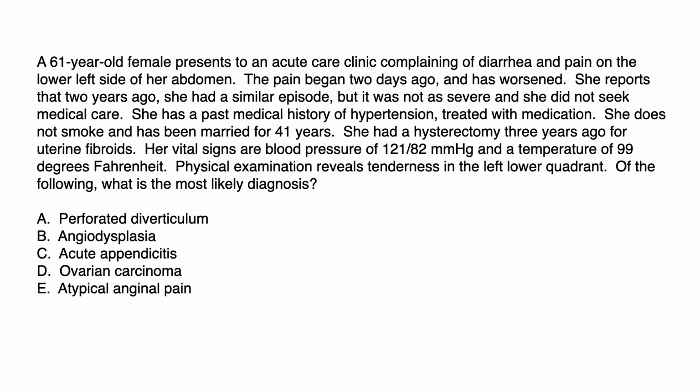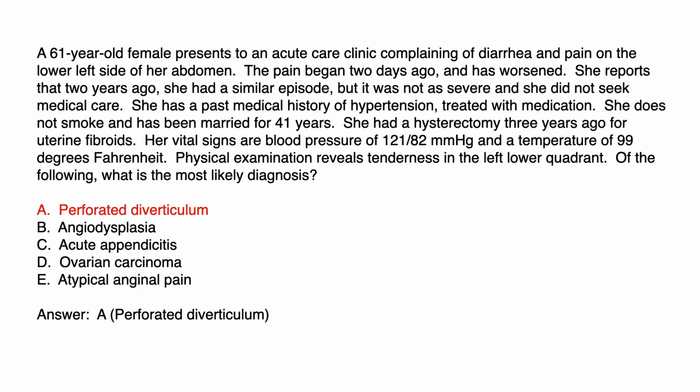So this is a perforated diverticulum. So it's relatively acute onset. She's in an older age group when they occur with age. She has a little bit of a temperature, and she has tenderness in the left lower quadrant. So it's perforated diverticulum. Acute appendicitis could occur, but you'd see it on the right side. Angiodysplasia causes GI bleeding.